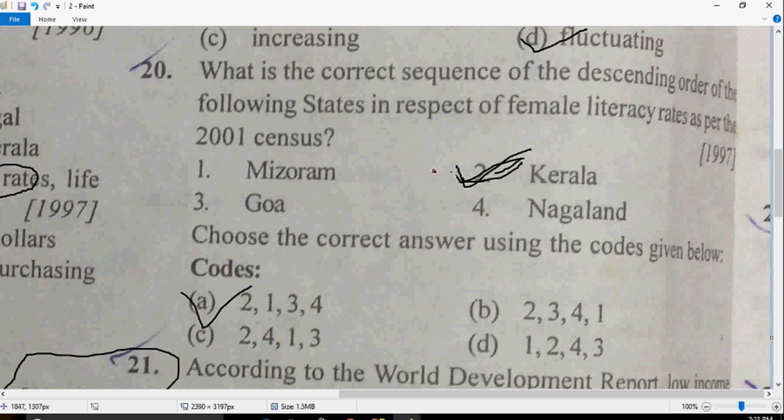Kerala will be the highest in the literacy rate, as we know. So option D is automatically gone, and Nagaland is still having a very low literacy rate, so we have to place Nagaland last in the arrangement. So by the elimination method also we can attempt these questions, but for accuracy we have to remember the figures, which is really toilsome. So let's have the next question.